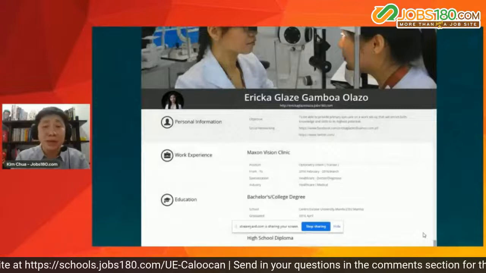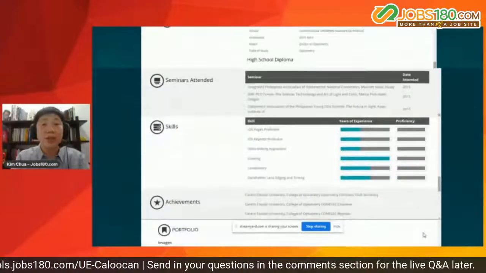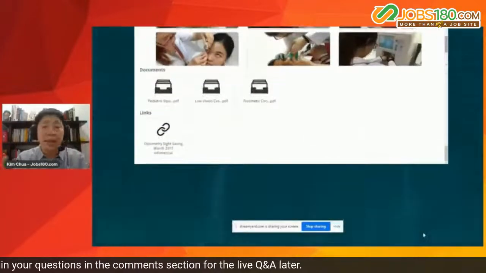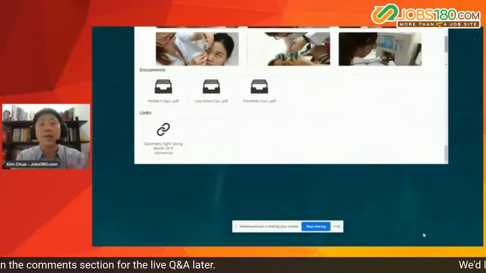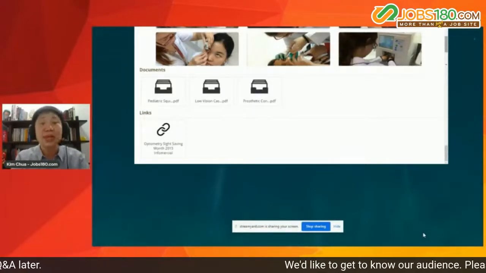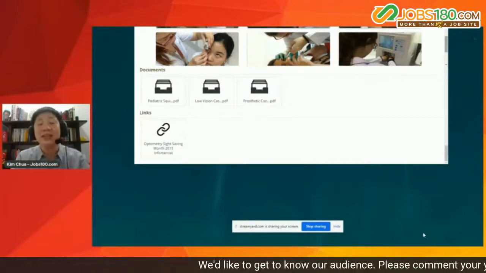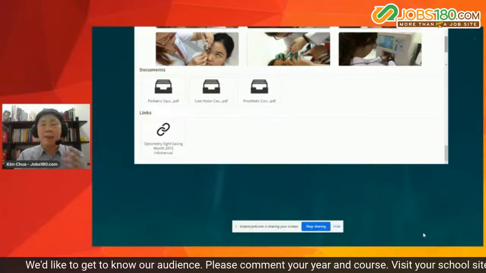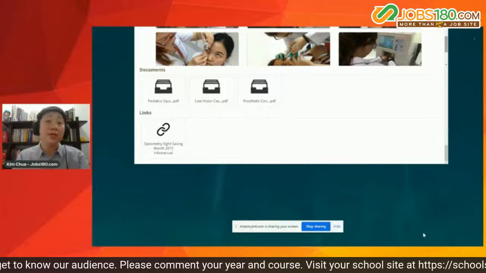So, showing a very good example is si iExpert. Tingnan mo, lahat ng detalye niya, kompleto. Everything. From top to bottom, kompleto lahat ng details, including yung kanyang mga portfolio section na nagpapatunay na siya ay isang licensed ophthalmologist. Pinakita niya lahat ng mga posibleng hingiin pa sa kanya ng mga HR. So bakit ko sinabi sa inyo napapabilis yung buhay dito? Hindi lang buhay nyo.